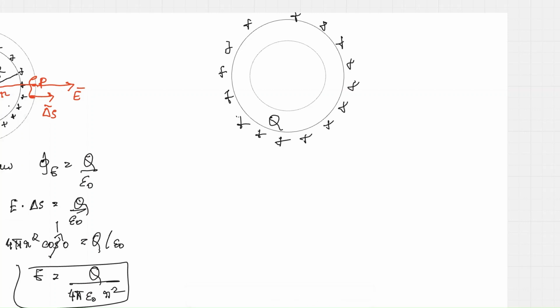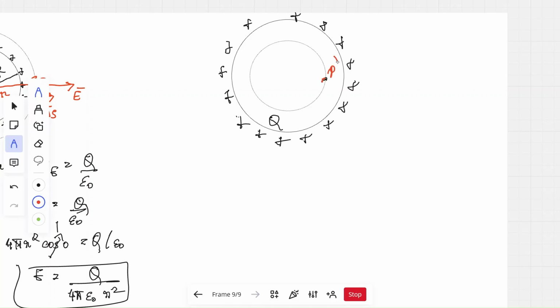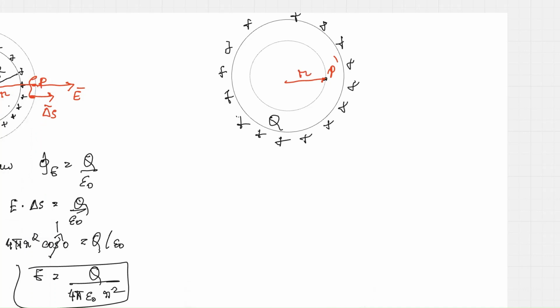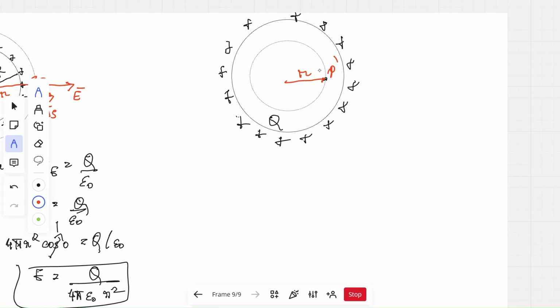Let P dash be an internal point, R be the radius of the shell. The concentric sphere passes through the point P dash. Consider an element del S normal to the surface.